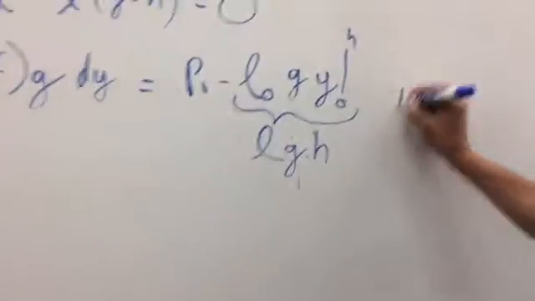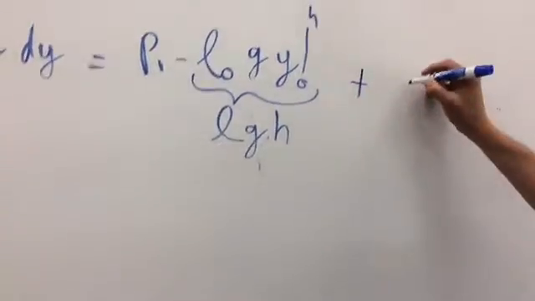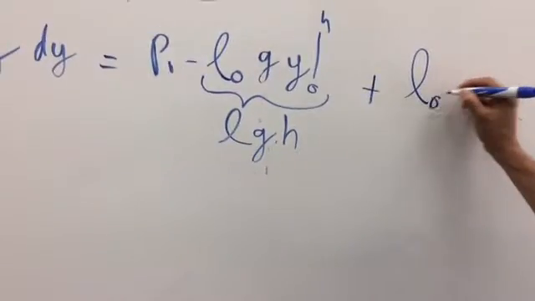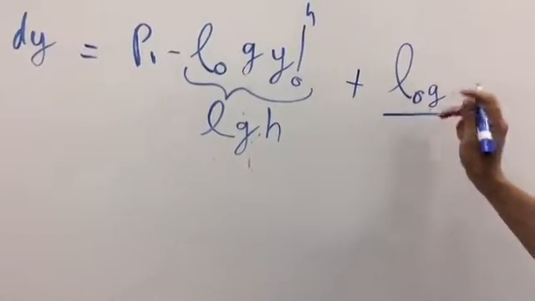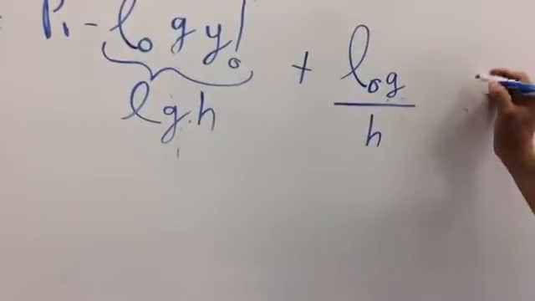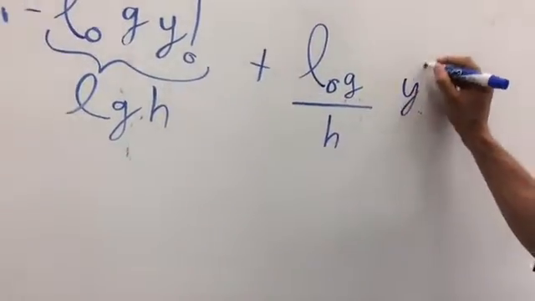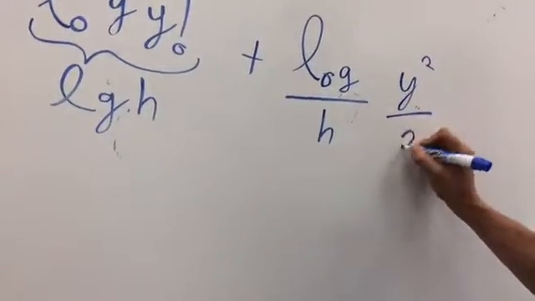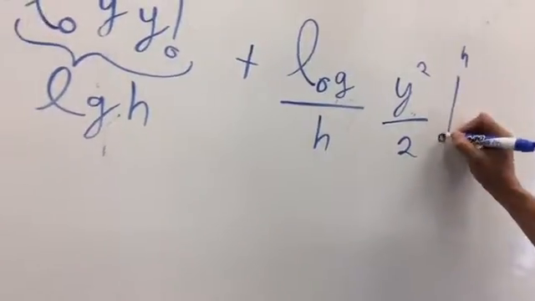And this will add the initial density times gravity over the height times y squared over 2, from 0 to h.